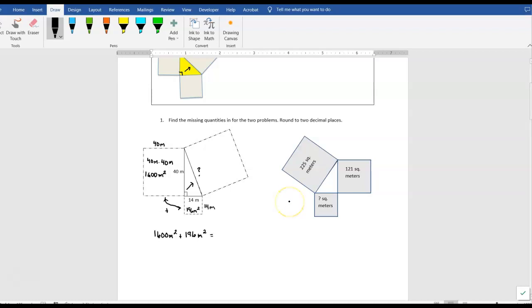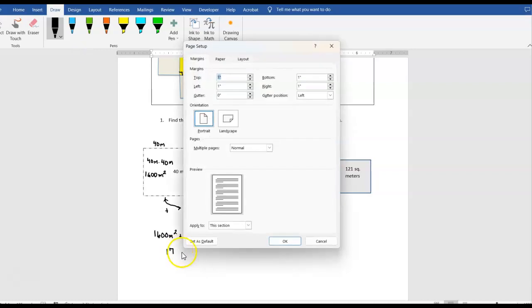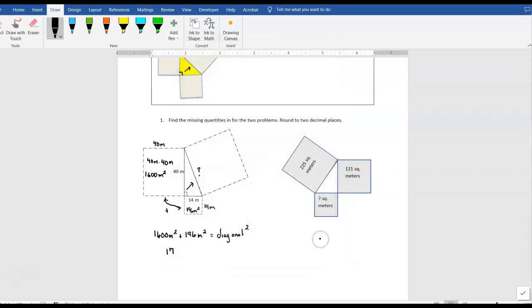That's going to equal the diagonal squared. Let me try spelling diagonal again. When we combine these together, we get 1,796 square meters. So that is the size of this square right here.